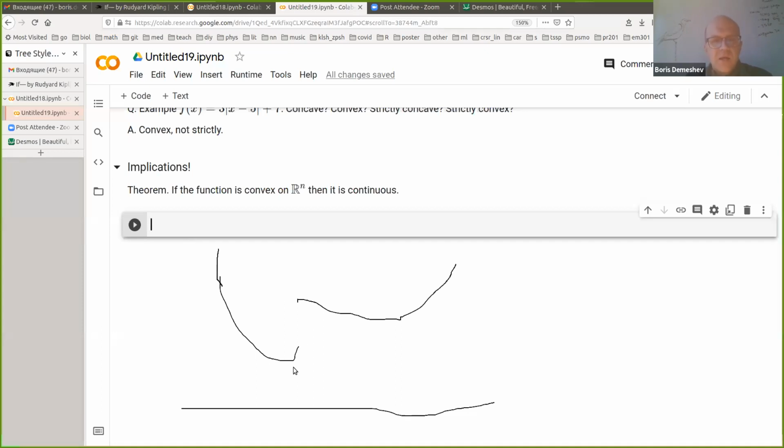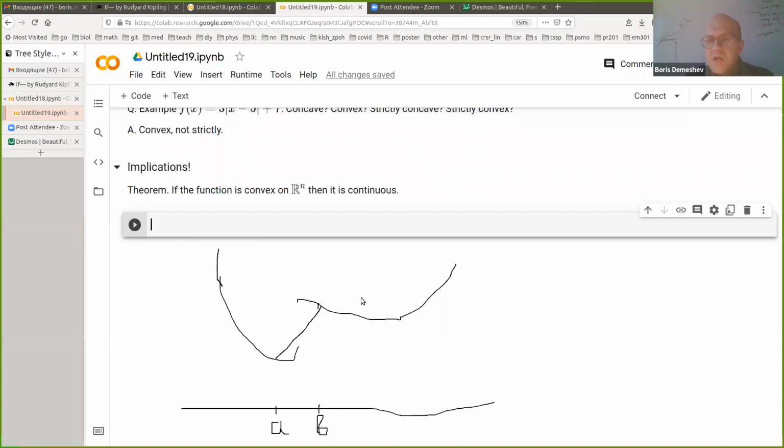So I will choose the point A a little bit to the left of the discontinuity, and the point B a little bit to the right of the discontinuity of my function. Obviously, the segment that links f of A and f of B cannot be below the function, and it cannot be above the function.